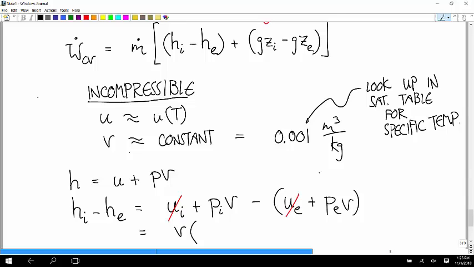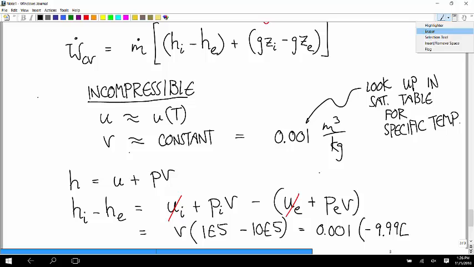We're going from 1 bar at the inlet to 10 bar at the exit. We need to put that in SI units. So that's 1 times 10 to the 5 minus 10 times 10 to the 5. So that's negative 9.99, not that many.